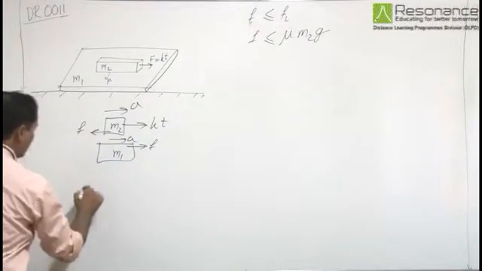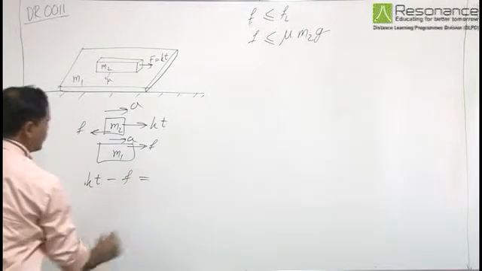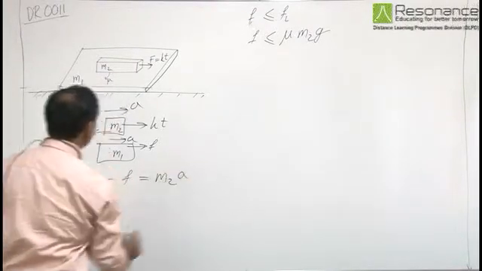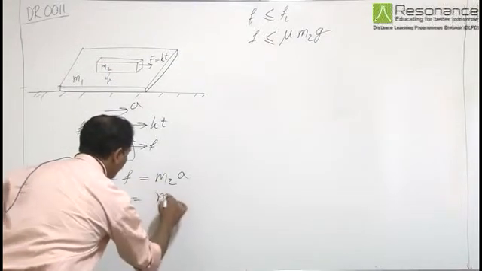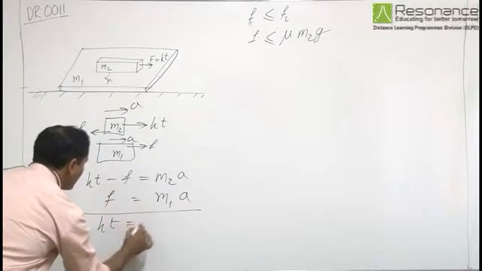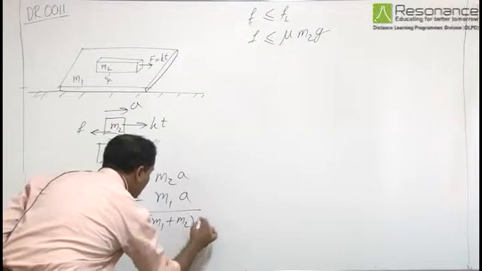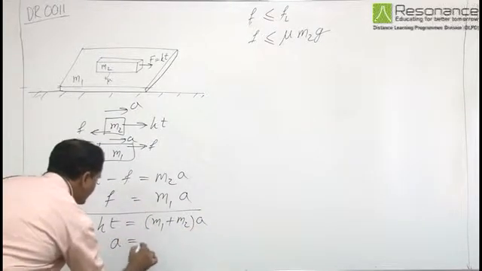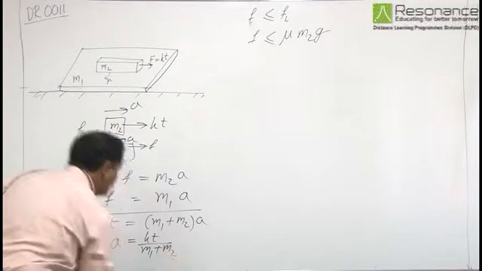So we can write kt minus f is equal to m2 a, and f is equal to m1 a. Hence kt is equal to (m1 plus m2) a, or a is equal to kt by (m1 plus m2).